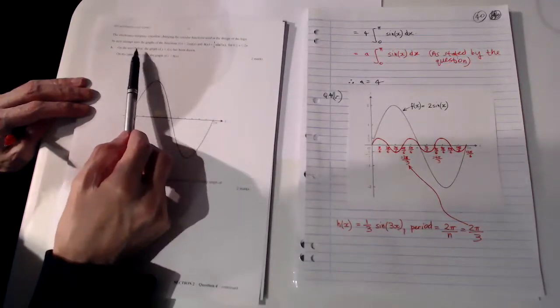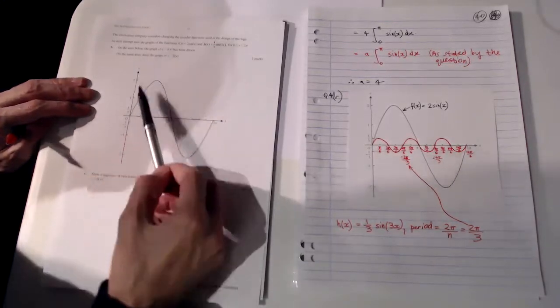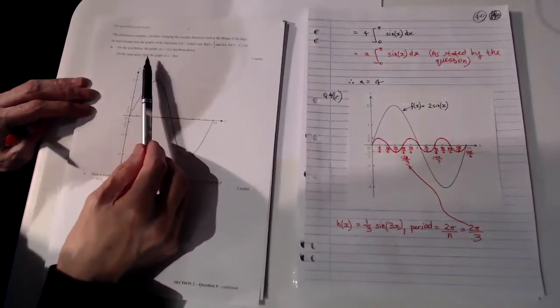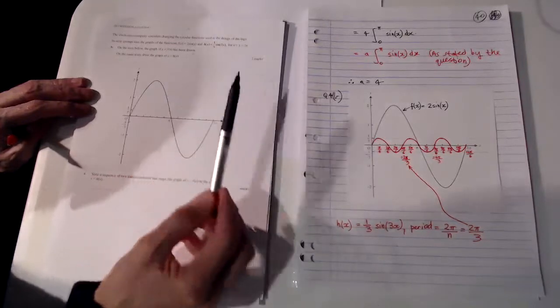On the axis below, the graph of y equals f(x) has been drawn. On the same axis, draw the graph of y equals h(x).